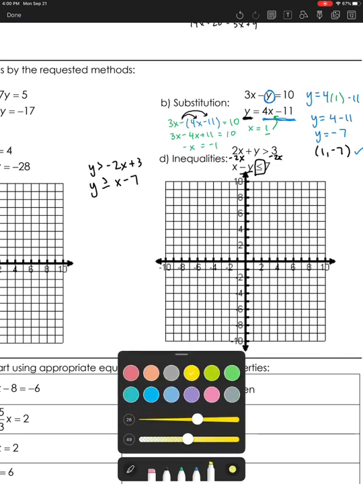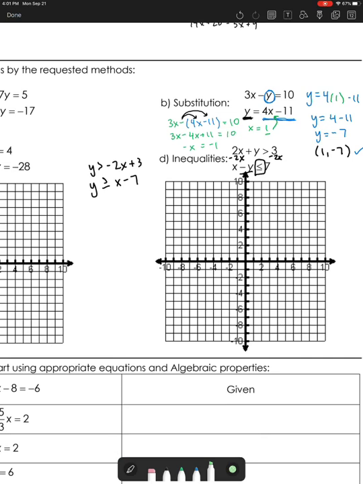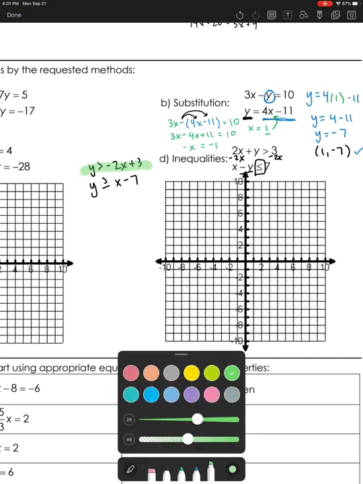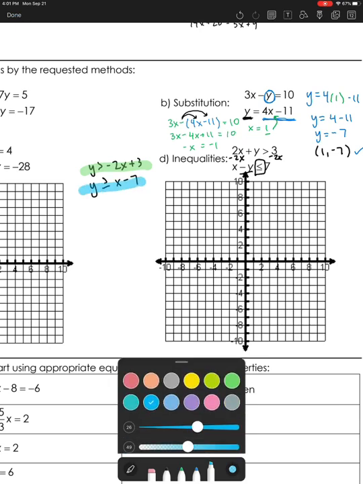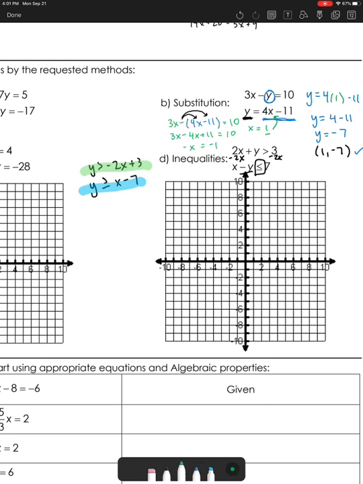So I'm going to have my first equation, I'm going to graph it in a green line, and then the other one I'm going to graph with blue. Okay, so my first equation, y-intercept at 3, so that's where we're starting, at 0, 3, and then our slope is negative 2, so I'm going down 2 to the right 1, down 2 to the right 1, keep doing that.